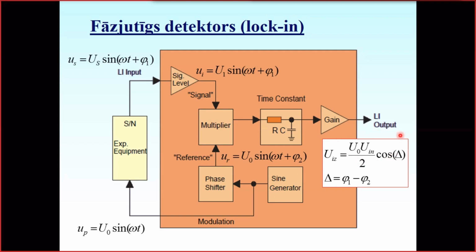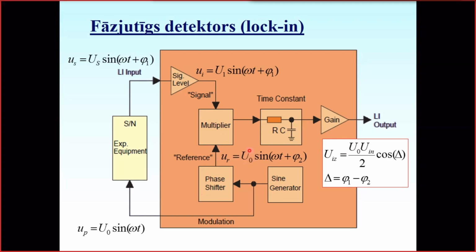Finally, the result goes through the DC amplifier, and to the output comes a signal which is proportional to the amplitude of the reference signal that comes from the sine generator and phase shifter, this U0, but it's a constant.